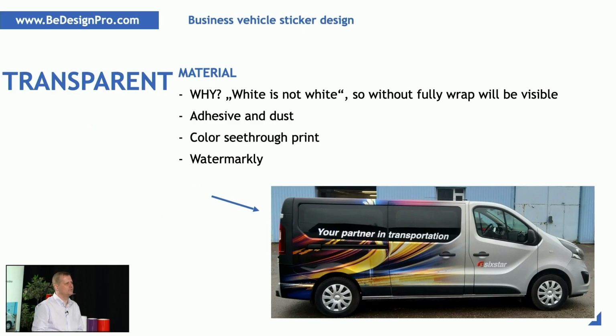It helps a little if you cover the full detail with that sticker, but still if you cover only, for example, one side door with a sticker, then it's still going to be visible as a different shade of white. If it's red or another color, the color variance is even more noticeable.